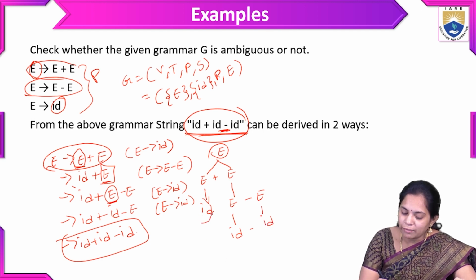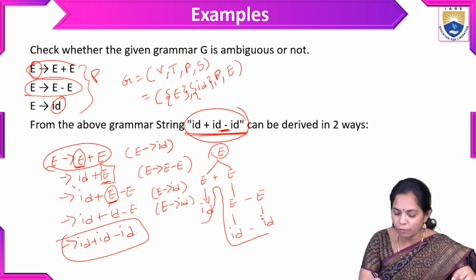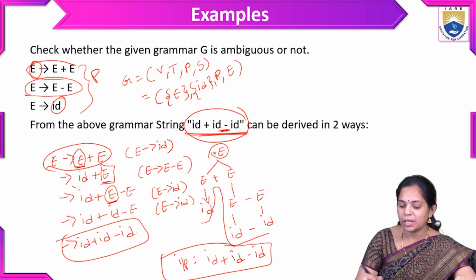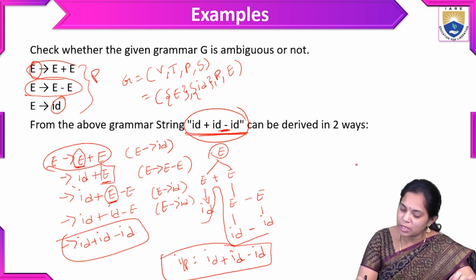After deriving this tree, we have to read the string from left to right. So what we have is the input string, ID plus ID minus ID. This is the string we have got from this derivation. So this is the leftmost derivation.